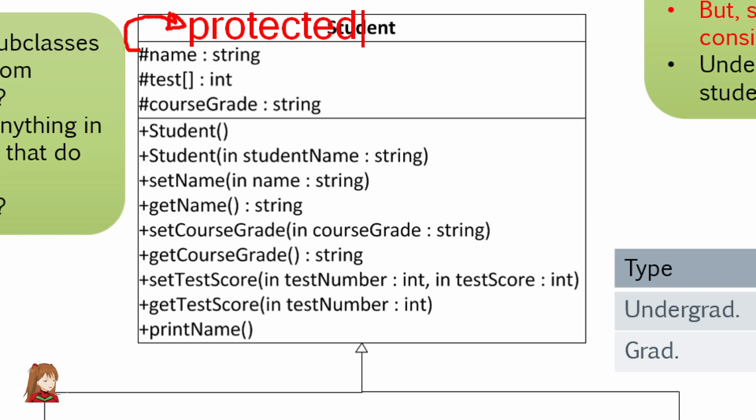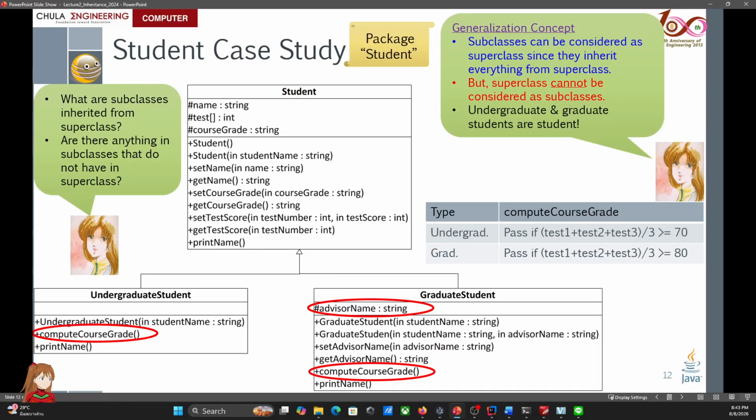Okay, that's for convenience. Since most of the time we will want a subclass to be able to regard variables that it inherits from superclass to be like variables defined within the subclass. Okay? Right?